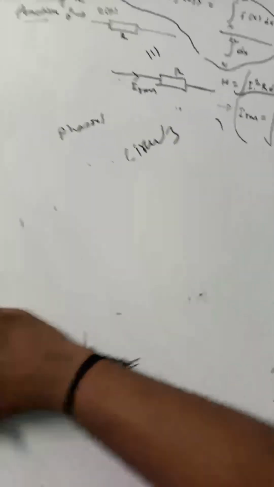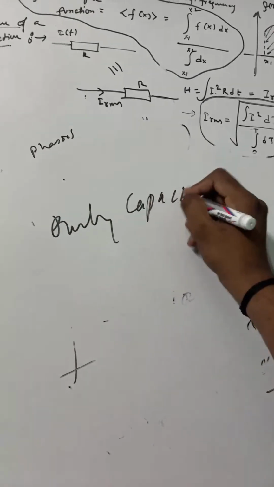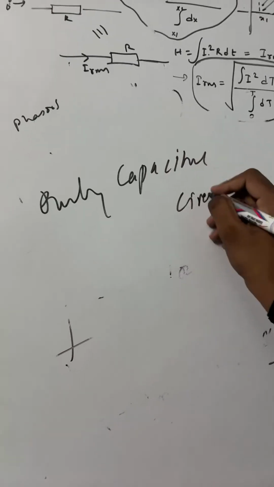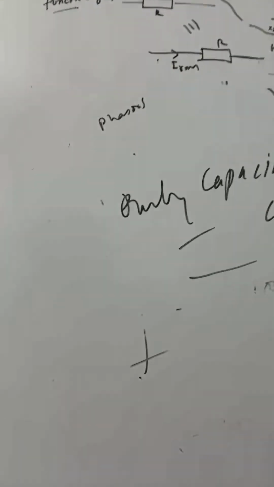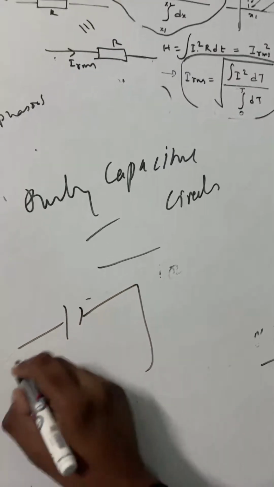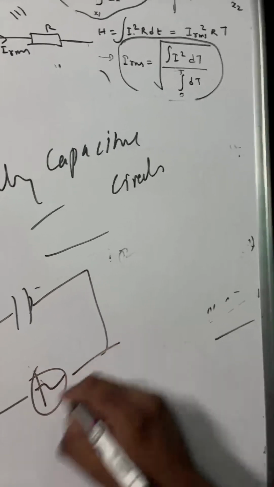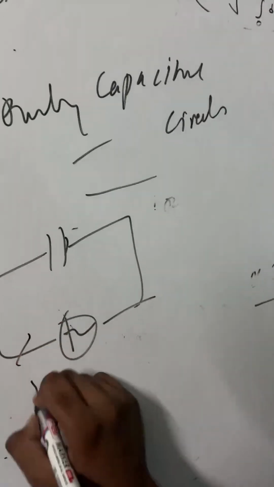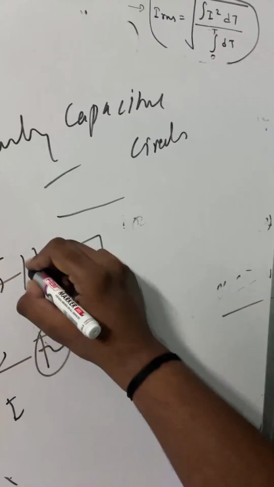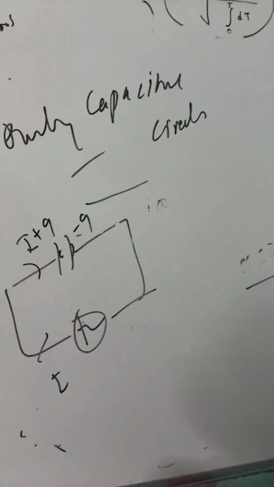Now for purely capacitive circuits, what we will do: take a capacitor, introduce it to your AC voltage, take current I, put the charge values plus Q, minus Q, right?